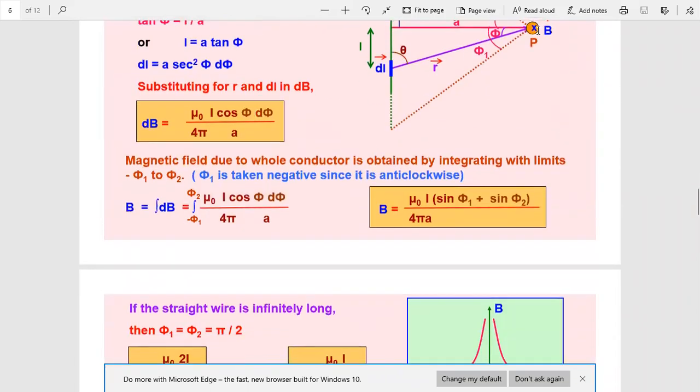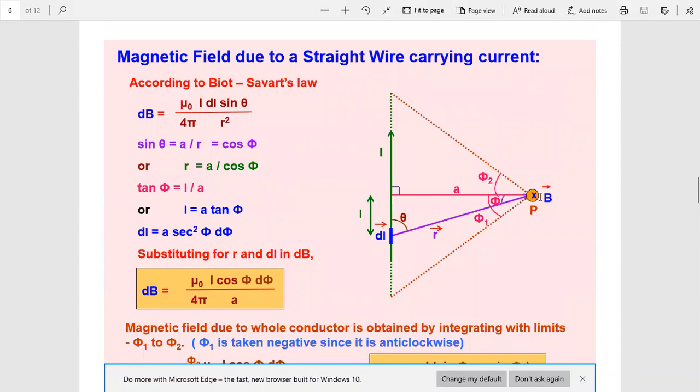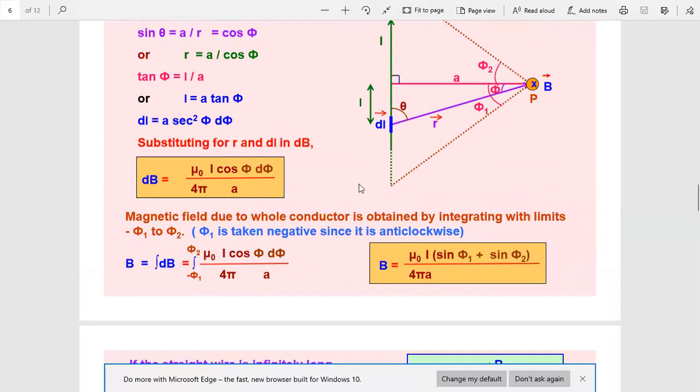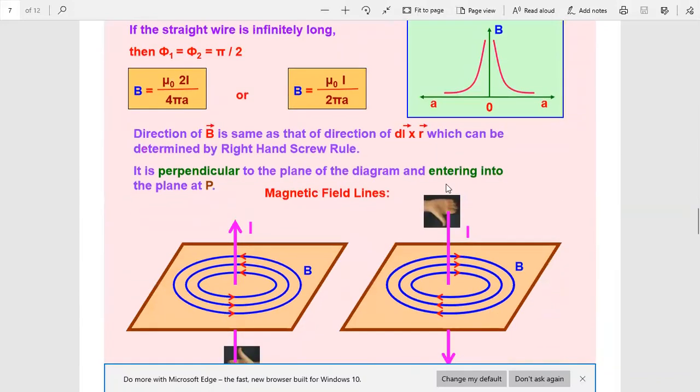Perpendicular could be of two types, either into the plane or out of the plane. So here this side is into the plane. When we come to this side, out of the plane. Into the plane is denoted by a cross and out of the plane is denoted by a dot.